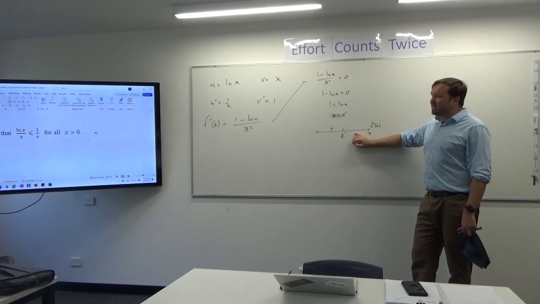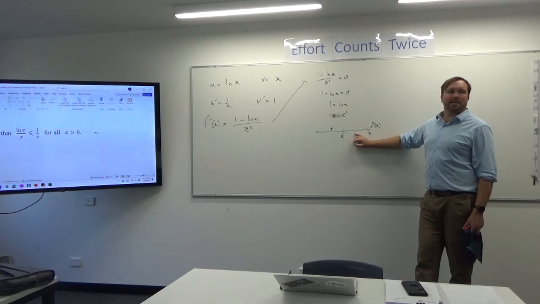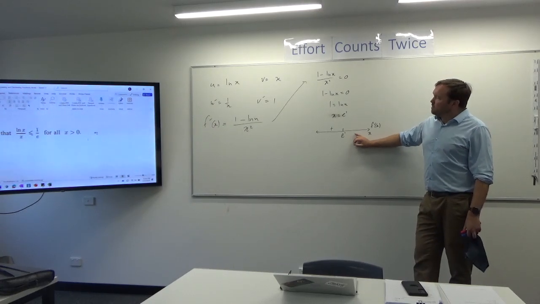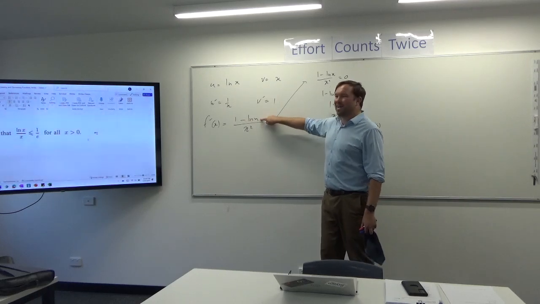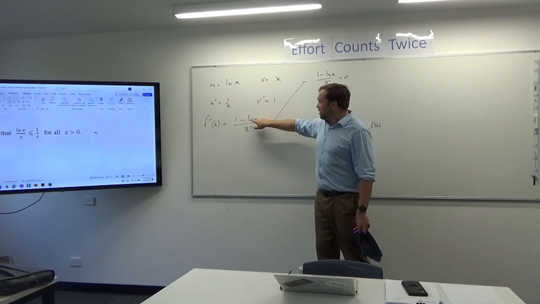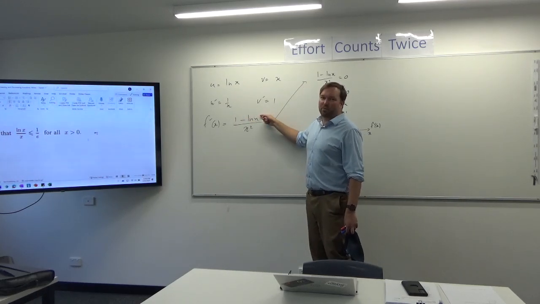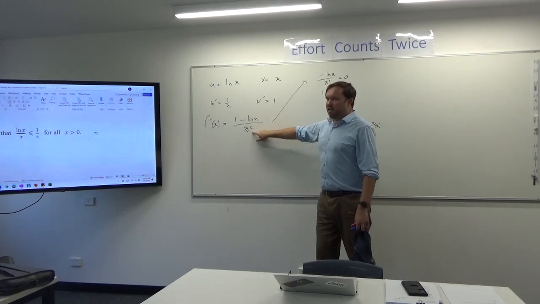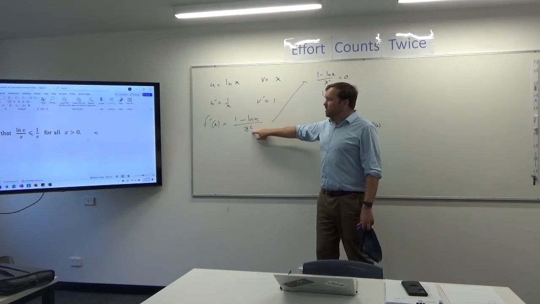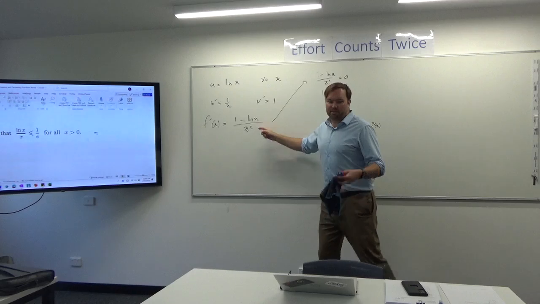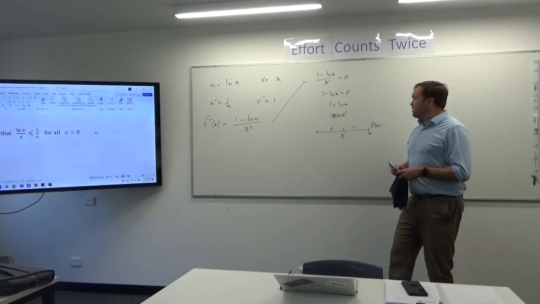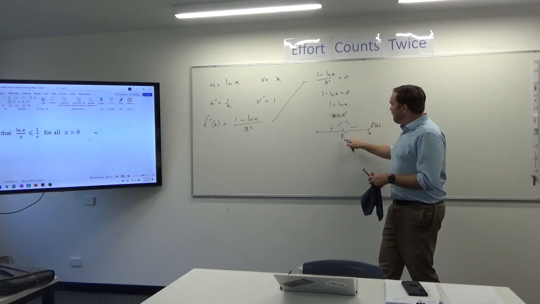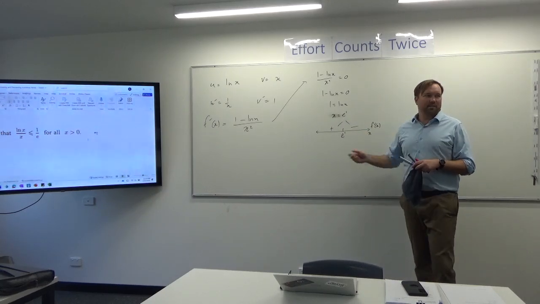I'd probably sub in e squared, just because it makes the next bit nice. If you subbed in e squared, what's the ln of e squared? 2. So that's 1 minus 2, which is negative 1, over e squared squared, but e squared squared is positive, so it's negative 1 over something positive. This is negative. So we've established there is a max at e to the 1.